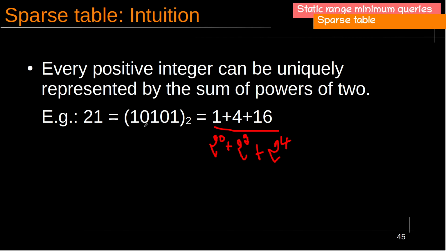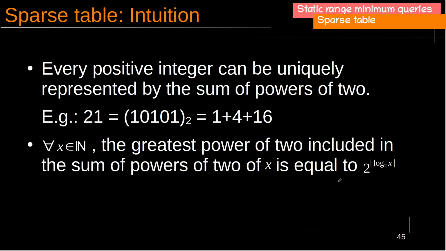We know this from the binary representation of the integer. So for every natural integer x, the greatest power of 2 included in the sum of powers of 2 is equal to 2 power the floor of log base 2 of x.